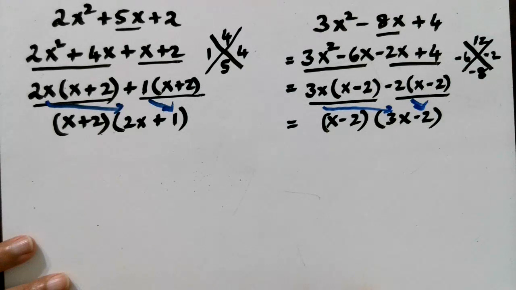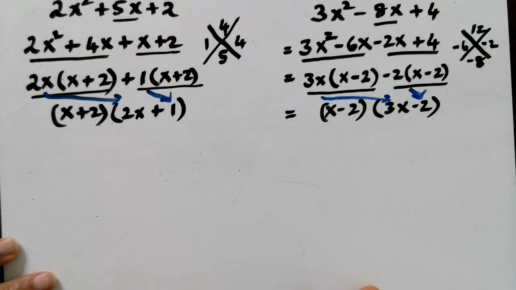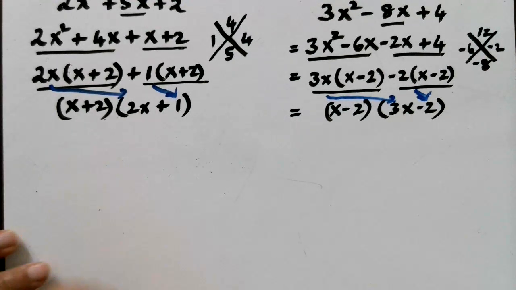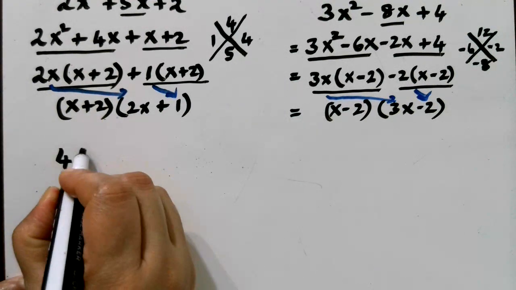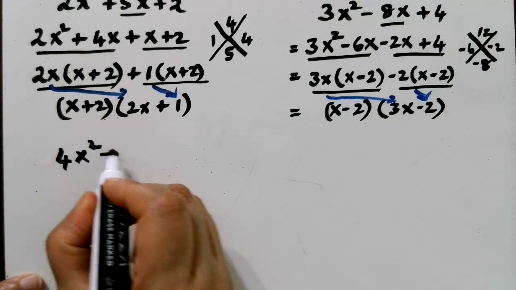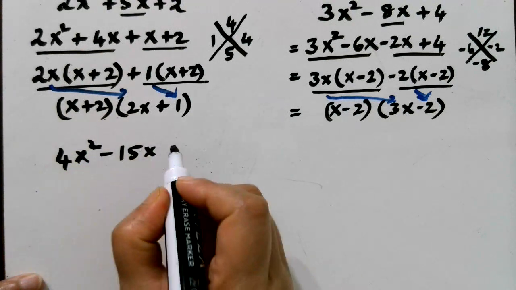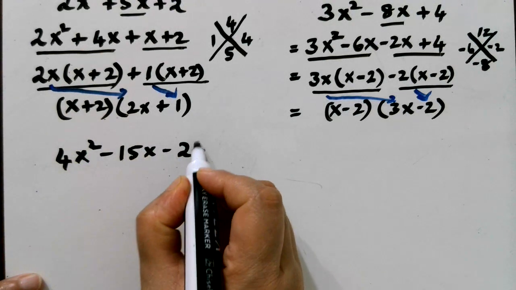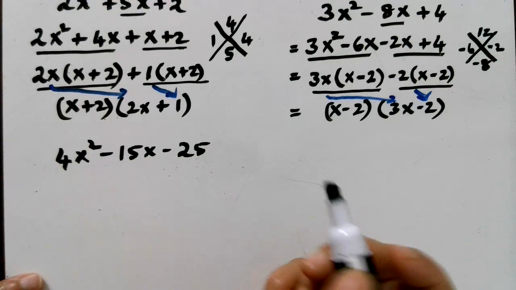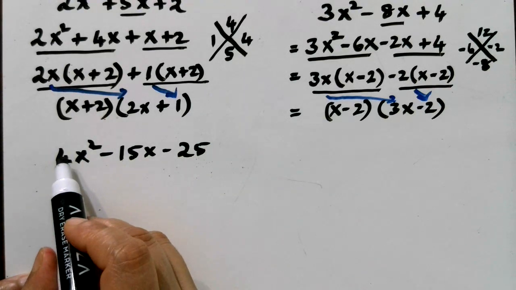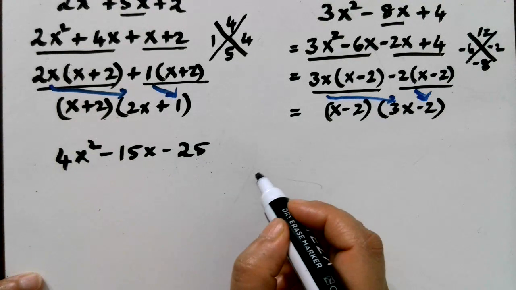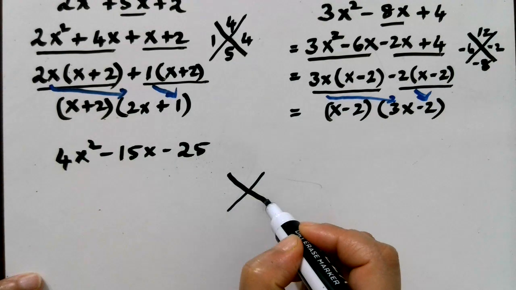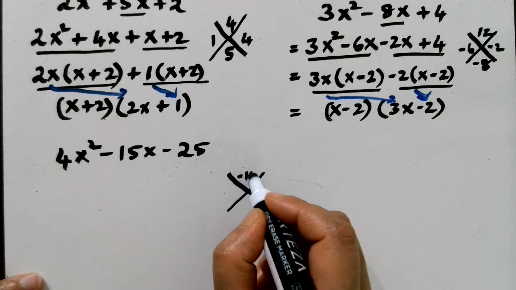Let's do another one. If we have 4x squared minus 15x minus 25, the process is the same. You multiply the leading coefficient with the constant. 4 times negative 5 is negative 100.